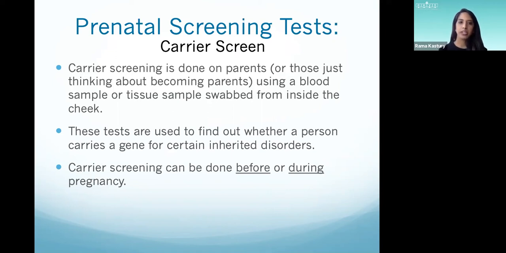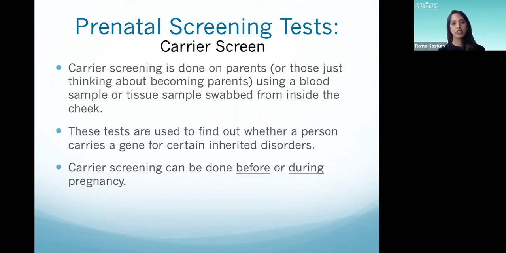Carrier screening looks at a couple's risk of both being carriers for specific autosomal recessive conditions. It's done on parents using either a blood sample, or sometimes a cheek swab, a small tissue sample from swabbing the inside of the cheek.